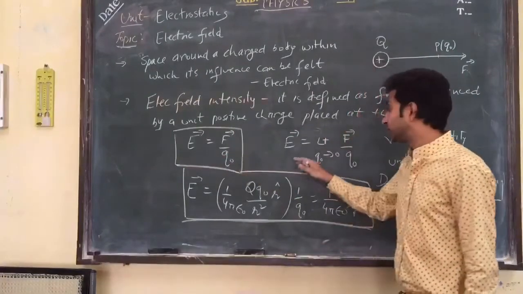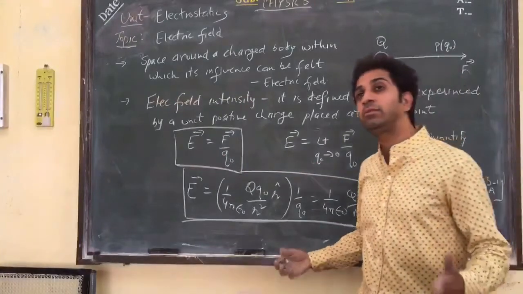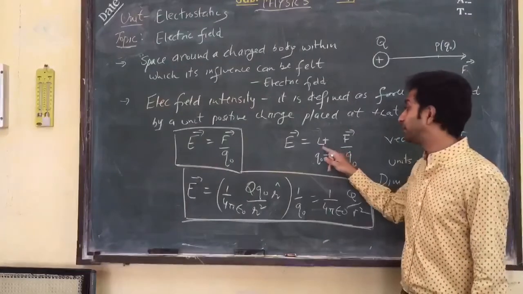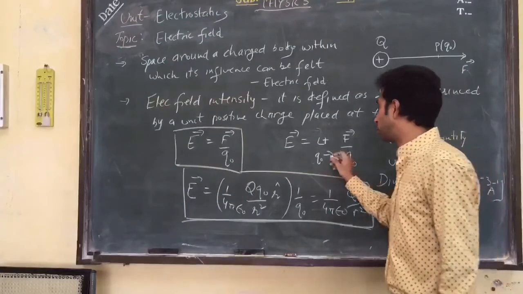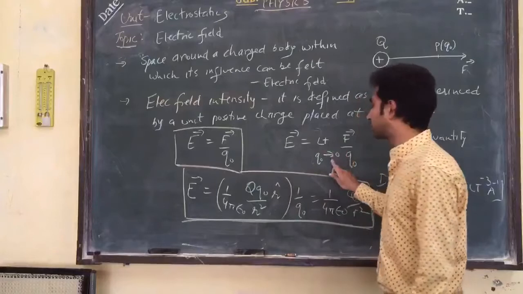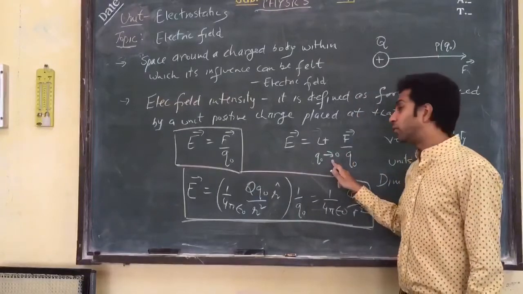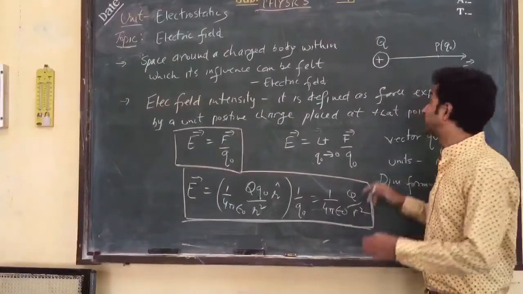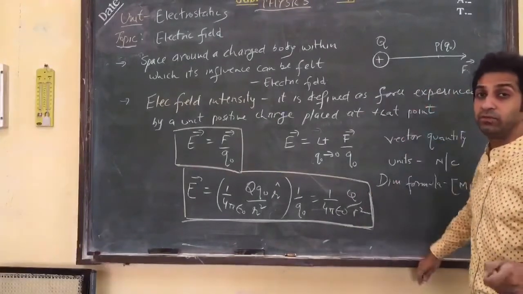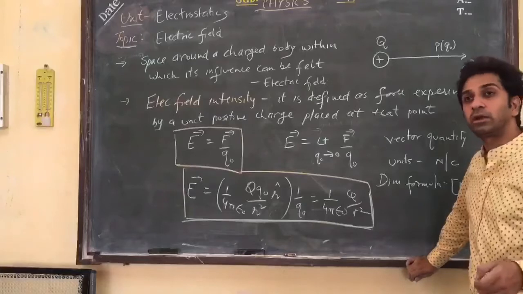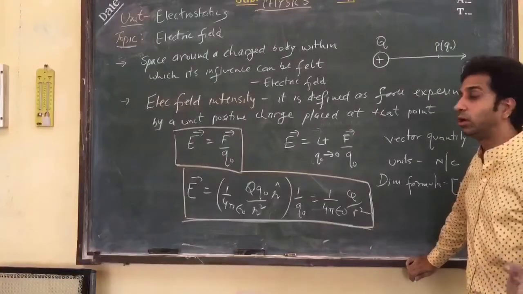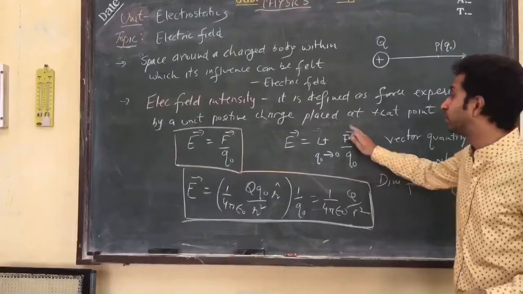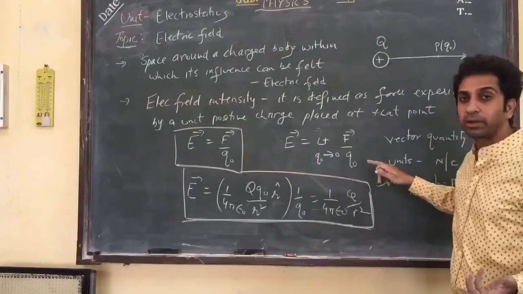In some places you may see the mathematical expression with a limit, Q naught tends to 0. What does it mean? It just means that the value of the test charge is assumed to be very small, but not exactly equal to 0, because if it is considered 0, mathematically it makes the result infinite, which does not make any logic.